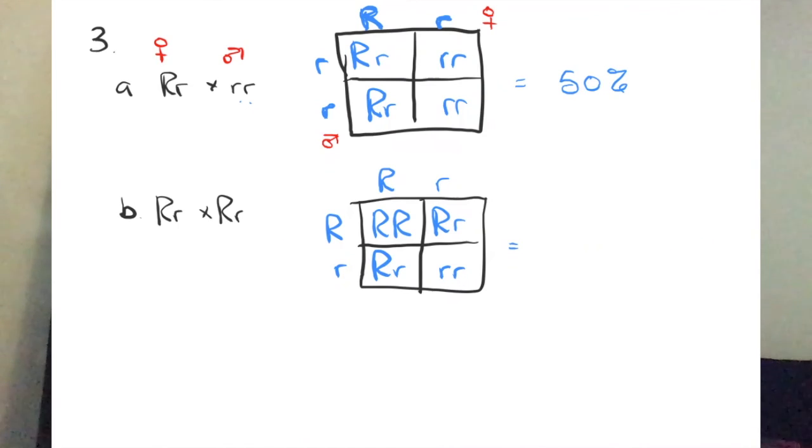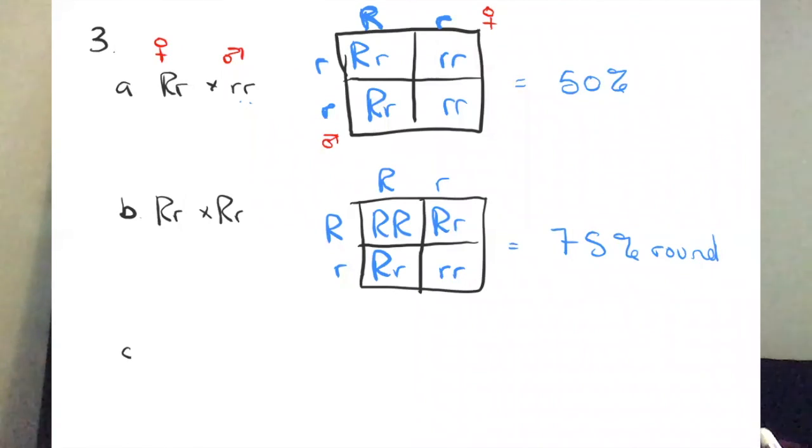Which means that 75% of our offspring are going to be displaying round traits in this case, even though only one of them is actually homozygous dominant for the trait. Only 25% is homozygous dominant for the trait, and another 50% is heterozygous for the trait.